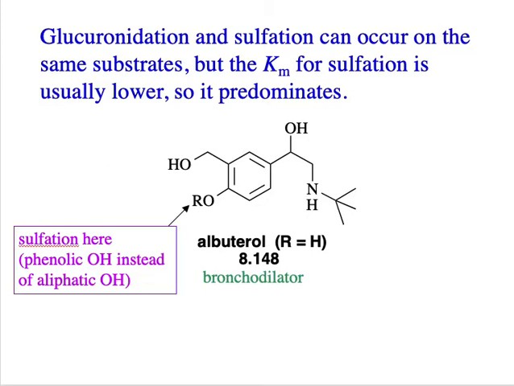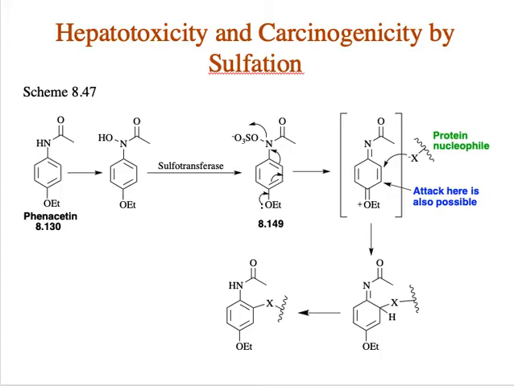That's one of the ways that albuterol gets processed in the body; it's a drug in inhalers for asthma. Phenacetin is one of those non-steroidal anti-inflammatory drugs, and those can become toxic through that sulfotransferase process. You've created an electrophile.